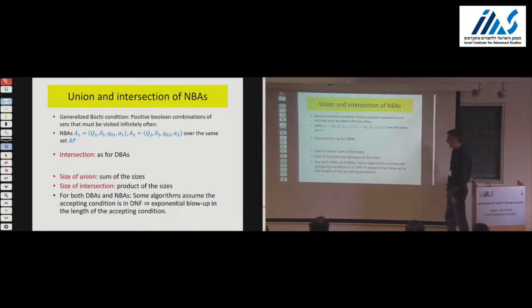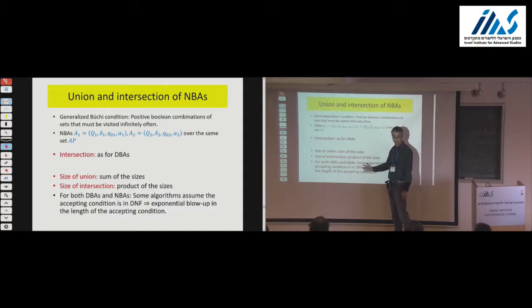In both cases, for DBAs and NBAs, some algorithms are going to assume that the accepting condition, this positive Boolean combination, is in disjunctive normal form. If that's the case, once you have obtained your final result, you will have to put the accepting condition in disjunctive normal form. That may involve an exponential blow-up in the size of the accepting condition.